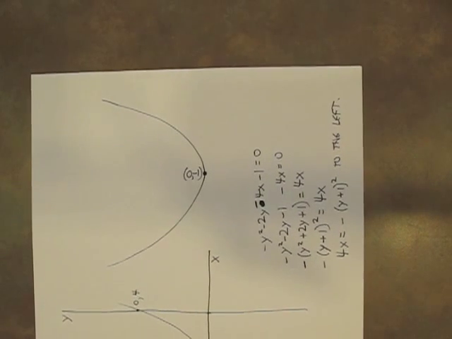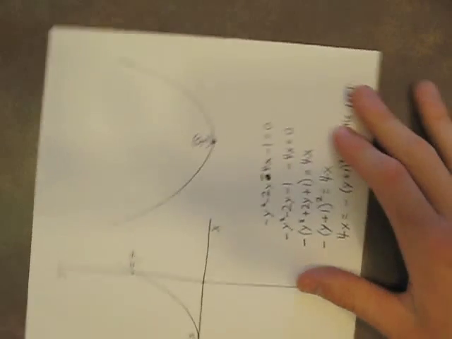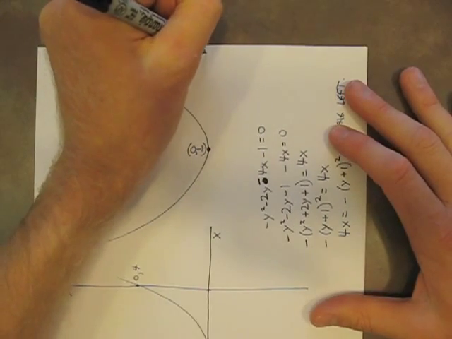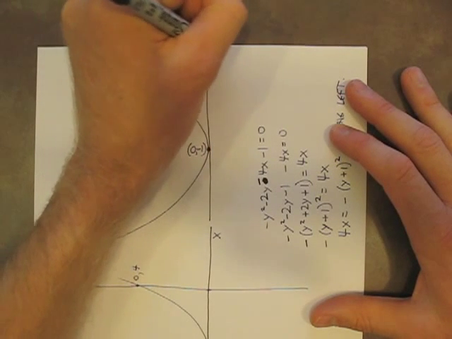And I ask myself, what happens if I plug in x equals 0 into here? Well, I get negative 1. So here's my y-axis right here. This is my y-axis.